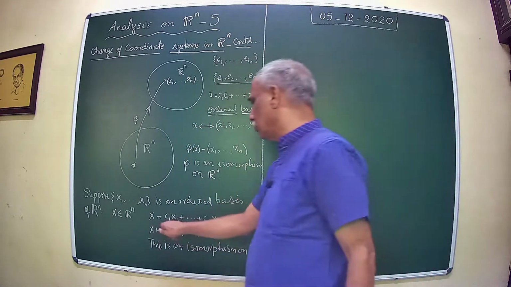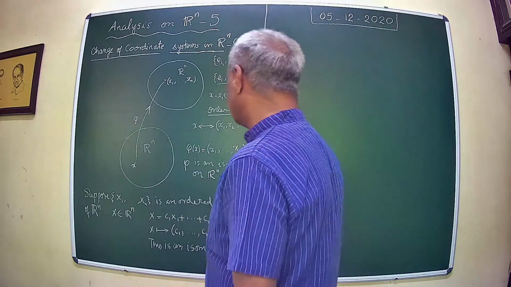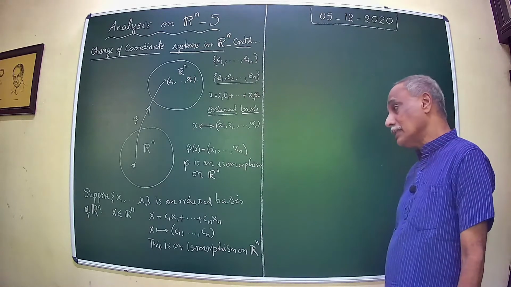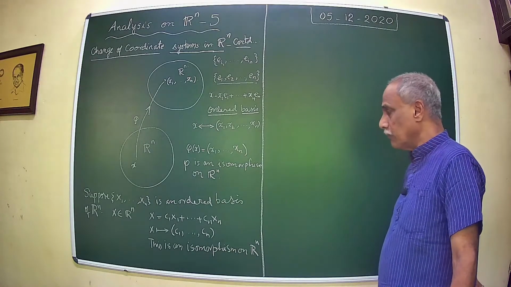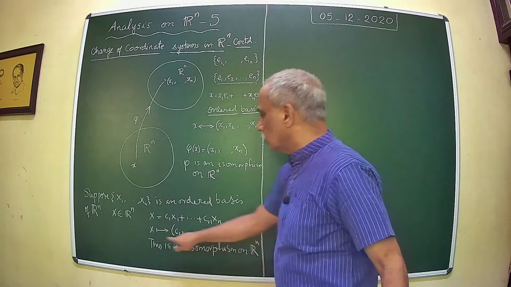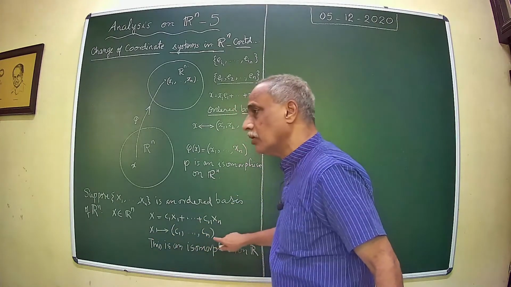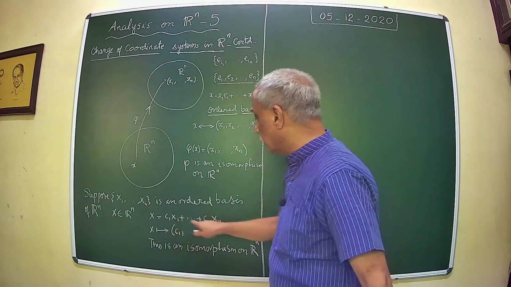If x is equal to c1 x1 plus c2 x2 plus ... plus cn xn, here you see that c1, c2, etc., cn are uniquely determined because x1, x2, etc., xn is a basis. Therefore this ordered n-tuple is uniquely determined. So corresponding to x, there is a uniquely determined ordered n-tuple with respect to the basis x1, x2, etc., xn.